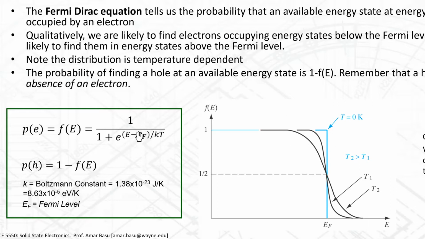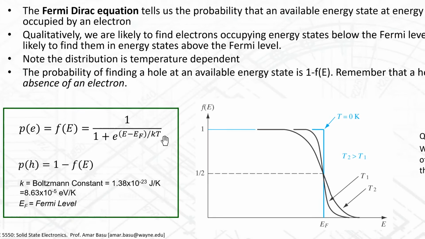This is because this E minus EF, the difference here, is divided by this KT. So the higher T is, the larger this value has to be in order for this to drop down to 0. So it becomes a more gradual change. By increasing T, you're decreasing the rate at which it transitions to 0.